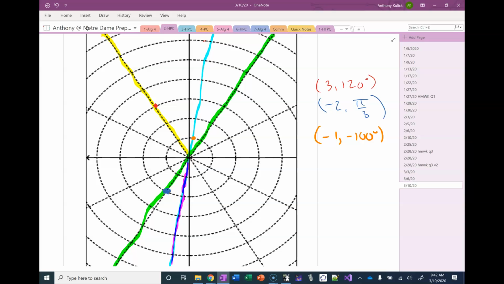So the annoying part here is, because of the way we've defined what negative distance means, for example, is negative 2, pi over 3 the only way to represent that point there in blue? No. Right? How else could we describe that point in blue?